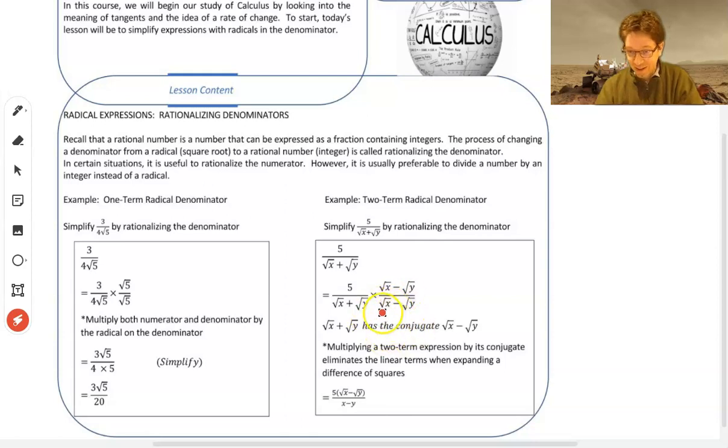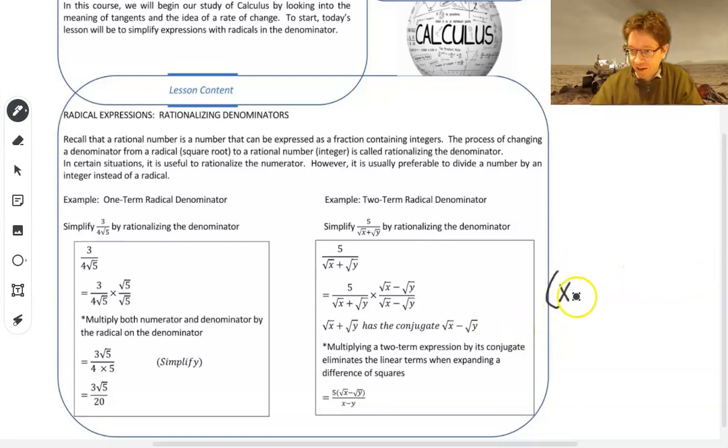And when you do that, the point is so that in the denominator, you see you have a difference of squares. So root x plus root y multiplied by root x minus root y simplifies just to being x minus y, if you remember your difference of squares. And usually when you did difference of squares, it wasn't root x plus root y. It was probably x plus y. I can write this.